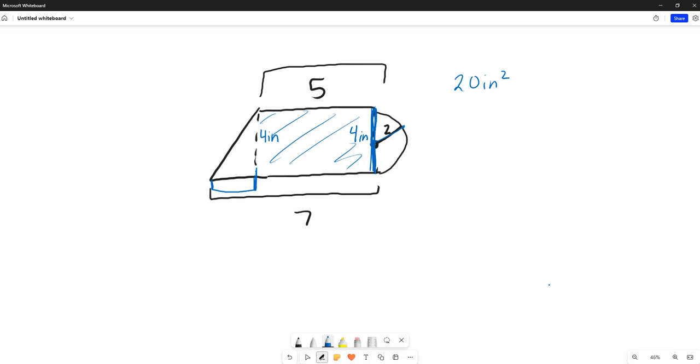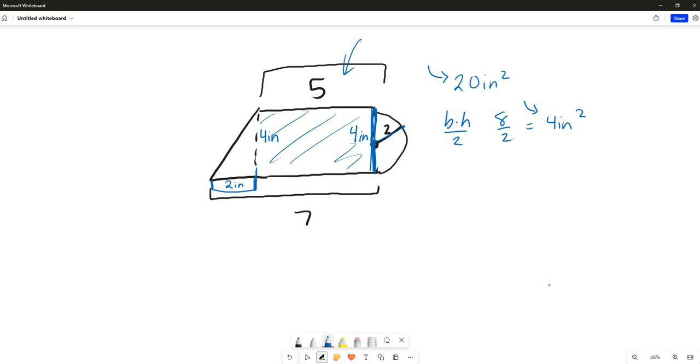If this whole thing is 7 and up here is 5, the difference is 2. So the base of this triangle is 2, the height is 4. Base times height divided by 2 is 8 divided by 2, which is 4 inches squared. So far for the rectangle we have 20, for the triangle we have 4.